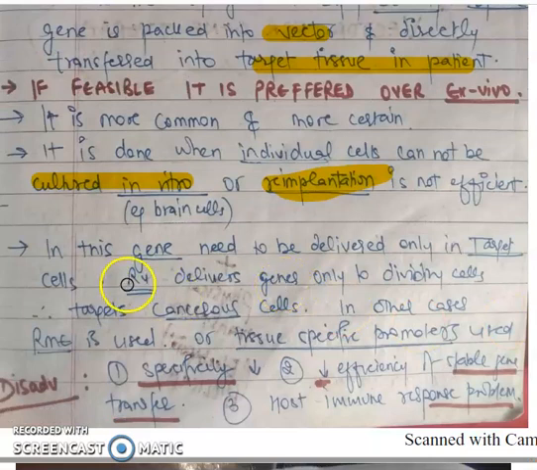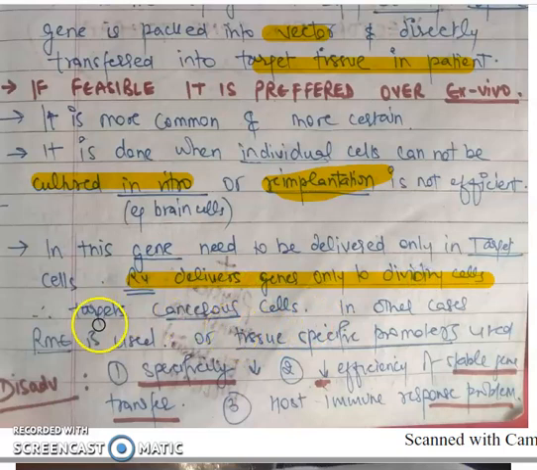In this, the gene needs to be delivered only in the target cell, and this could be the limitation of this therapy. We are using the retrovirus as vector, and it delivers the gene only to the mitotic, dividing, proliferating cells. So it can target the cancerous cells.